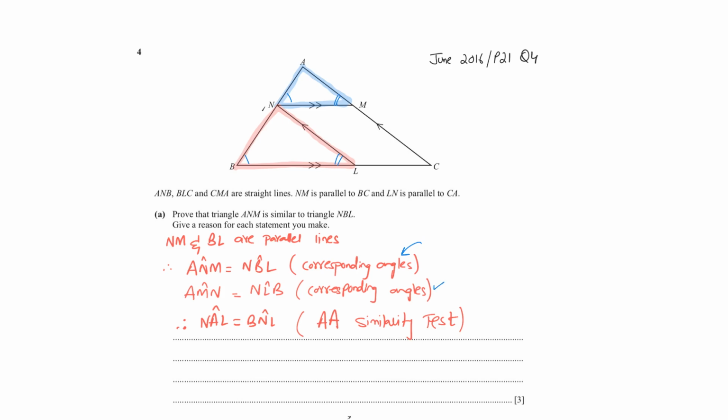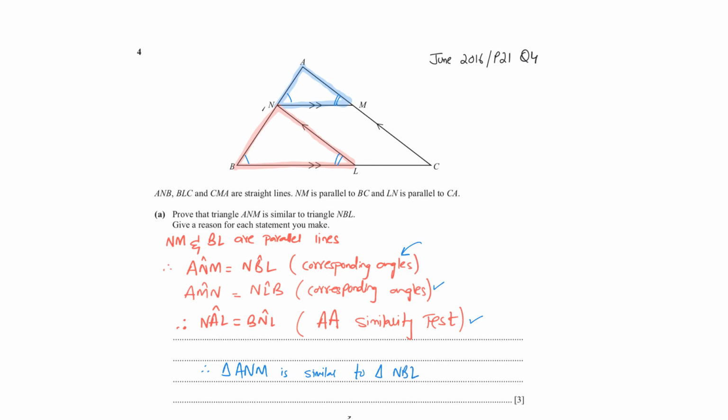So when you know that the two triangles have two corresponding angles equal, then as per the AA similarity test, the two triangles are similar. So you can write, therefore, triangle ANM is similar to triangle NBL.